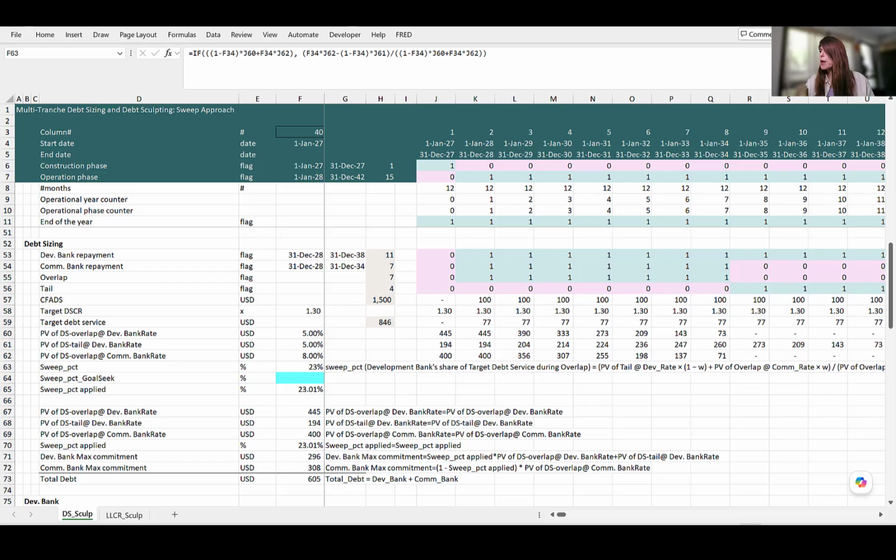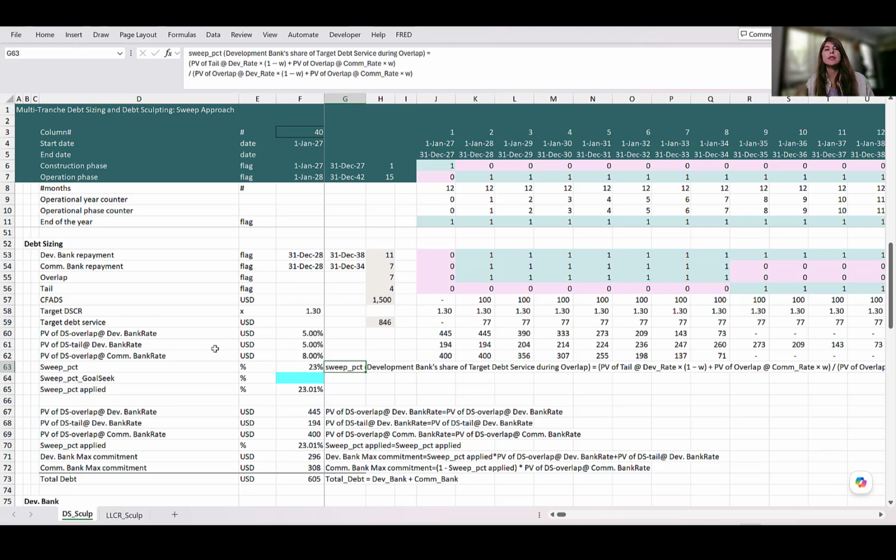So now let's come back to our Excel file. We have seen how to derive this formula for the sweep percentage, or share of the development bank in the target debt service during the overlap.